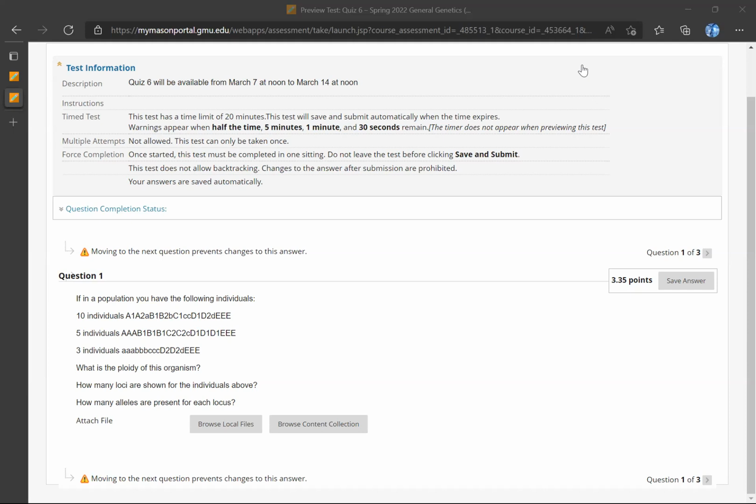And yes, so we can see in, say, the first individual or the first 10 individuals, there's A1, A2, and little a. And so there's 3 copies of that allele. And same thing with our B's, C's, D's, and E's. And the same thing goes for the second line and the third line. So that is how we're going to find our ploidy. And so this organism would be a triploid.